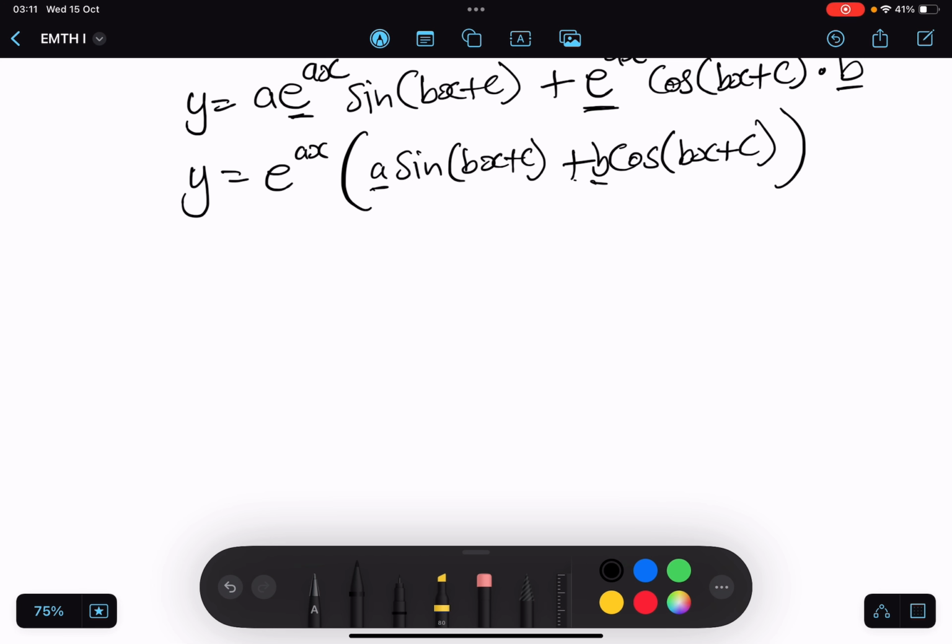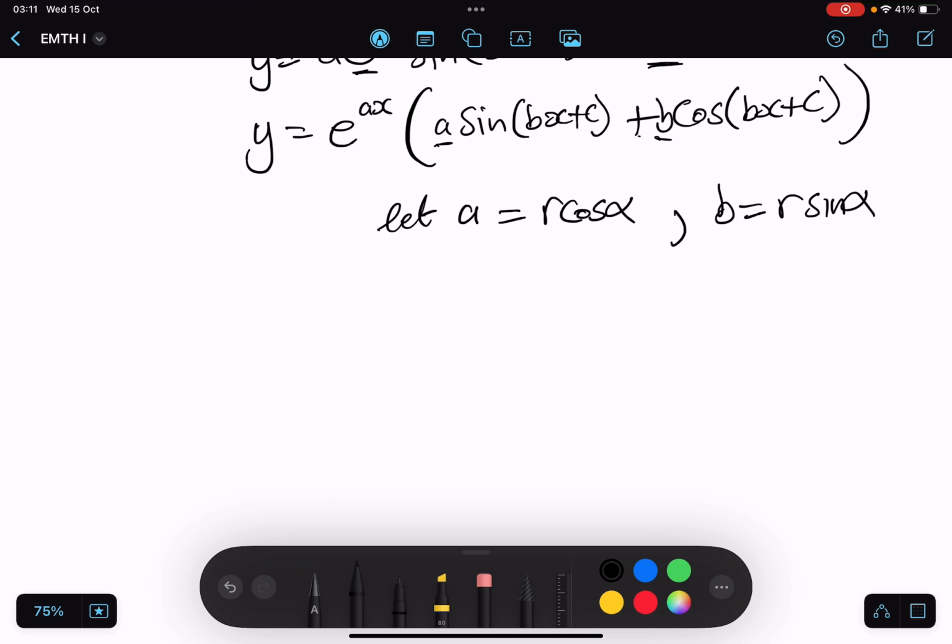We are going to let a be equal to r cos alpha and b to be equal to r sin alpha.